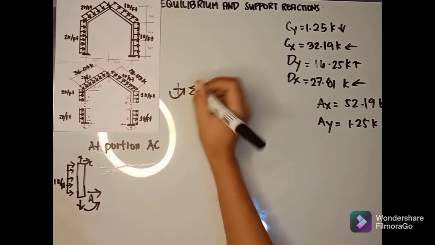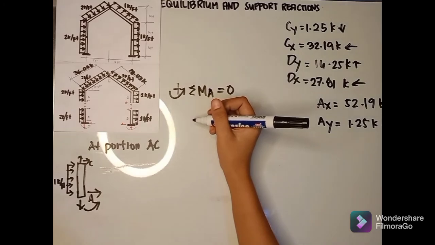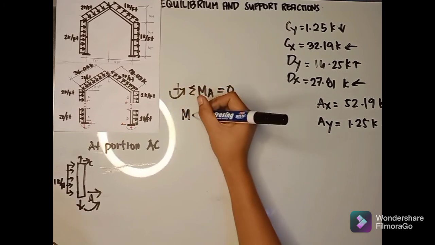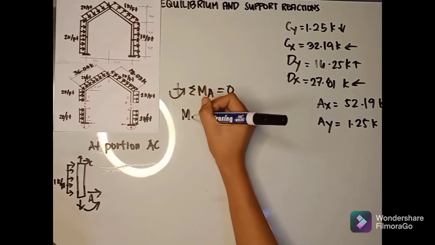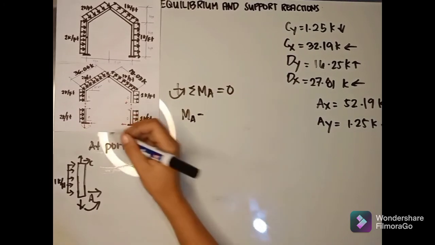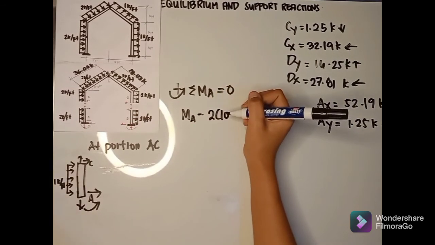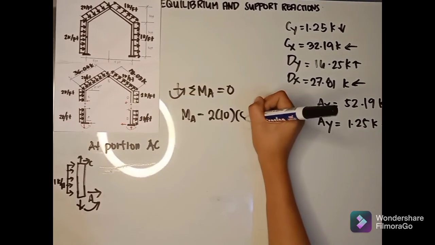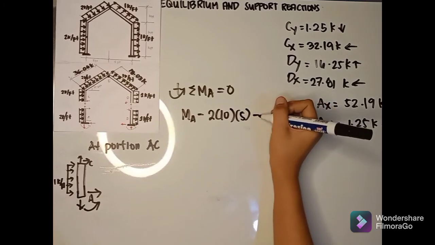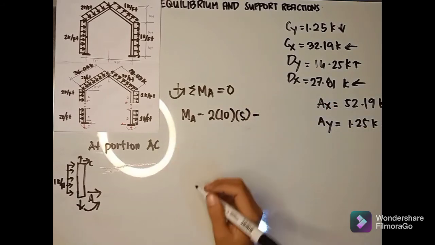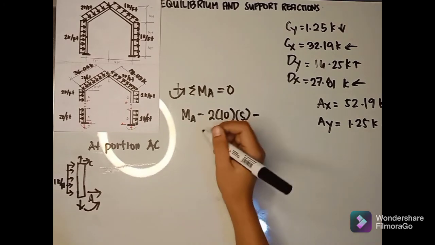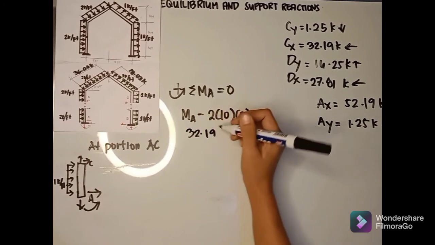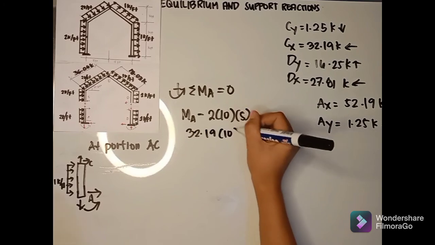Okay, moment at A minus, okay, 2 times 10 and yung moment arm niya na 5 minus yung CX, yung sa CX na 32.19 and moment arm niya na 10 is equals to 0.